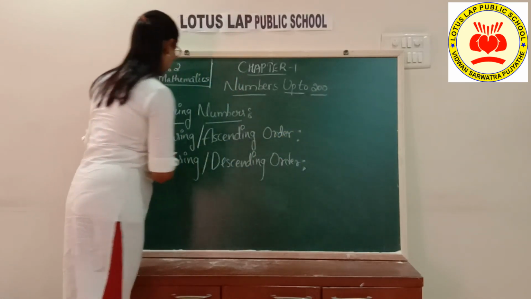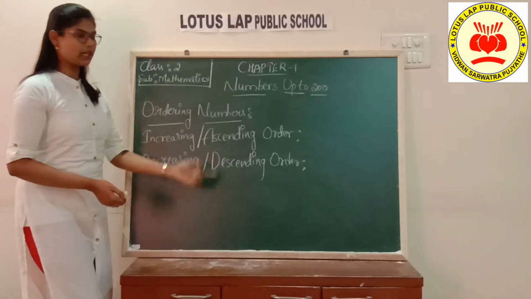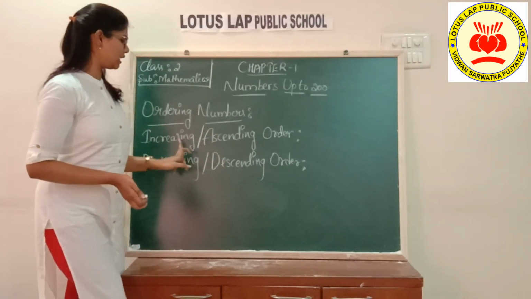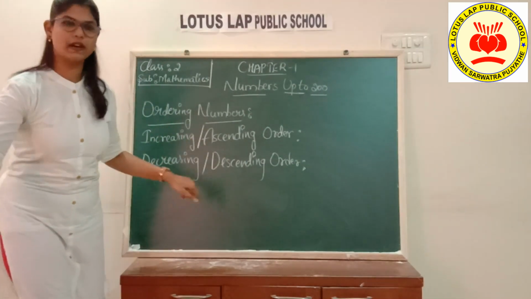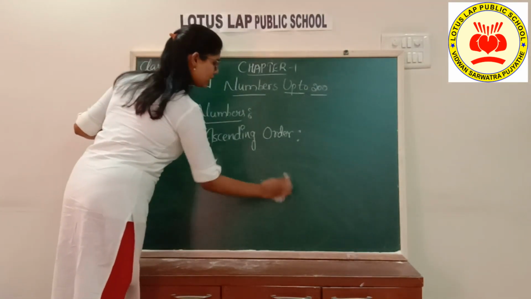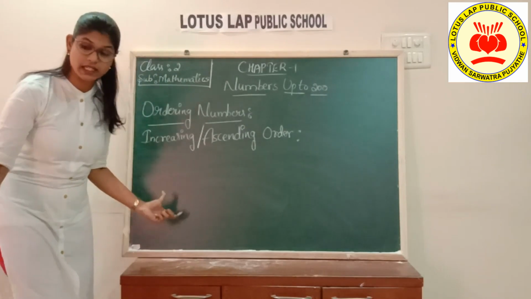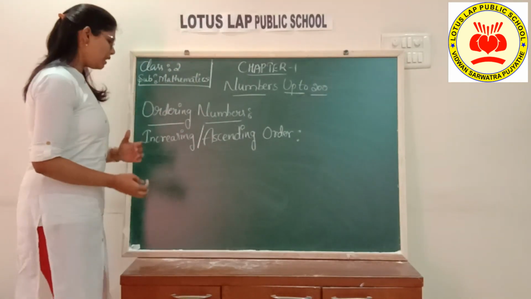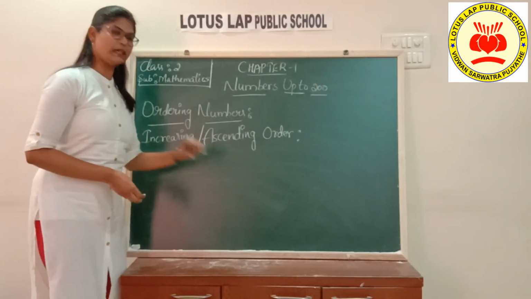Now what are increasing order and decreasing order? Let us see increasing order first. In increasing order we write numbers from smallest to biggest. Let me tell you one example with a picture.